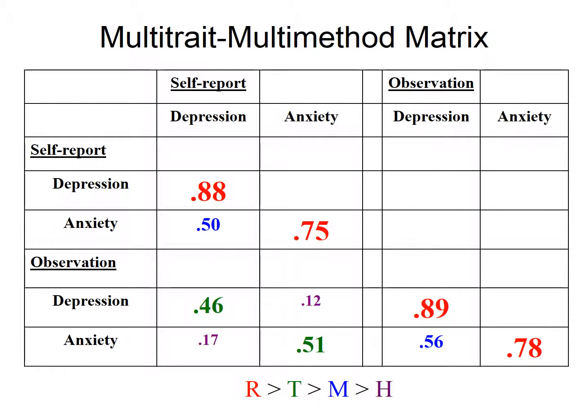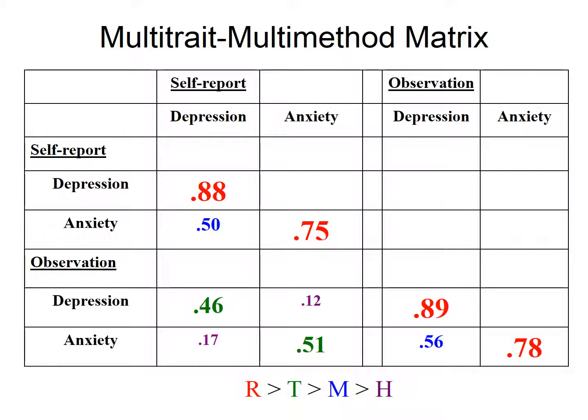But when we look at trait, 0.46 and 0.51, that's actually lower than the method variance, which means the type of method you use, self-report, is more related to itself than the actual constructs. So depression by self-report by depression by observation is 0.46. But self-report depression by self-report anxiety, same method, different construct, is actually more highly related.